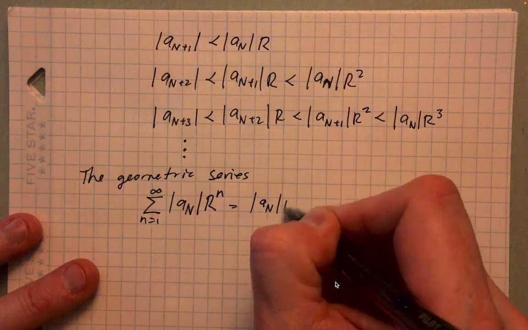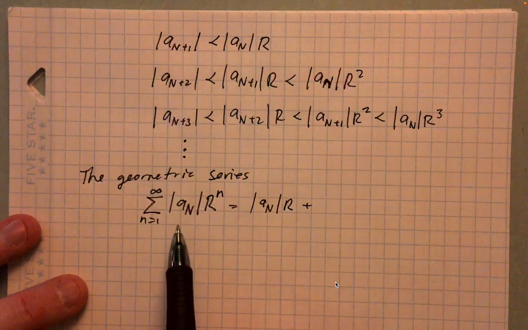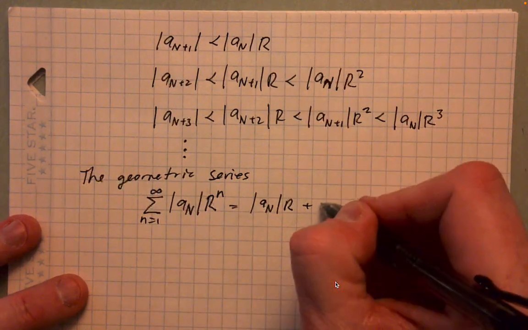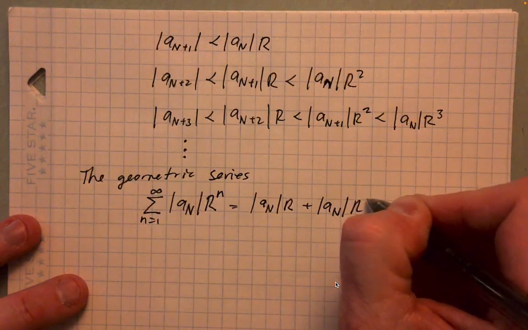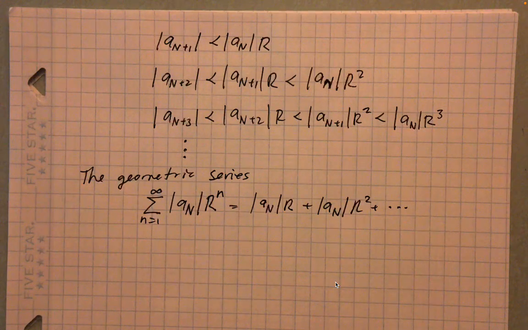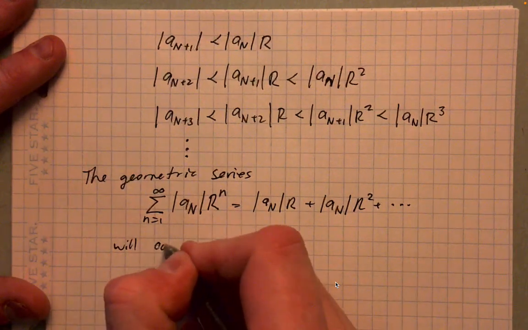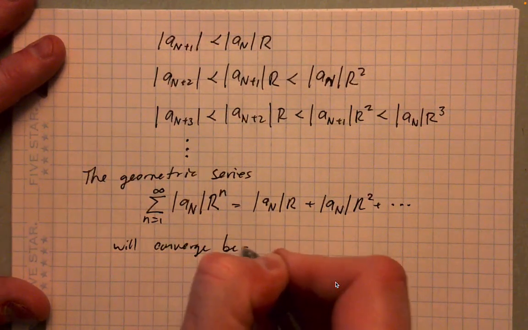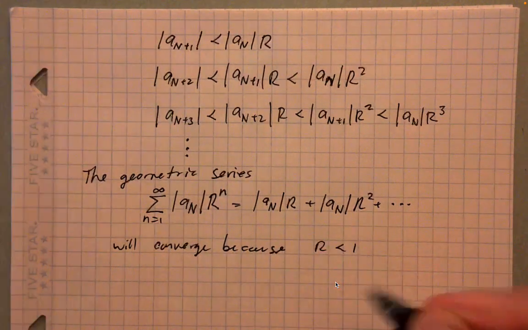A of n times r plus a of n times r squared plus, and this goes on and on. This is going to converge, right? This series here will converge. Right, and it'll converge because r is less than 1, right?